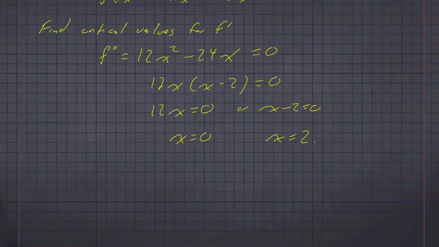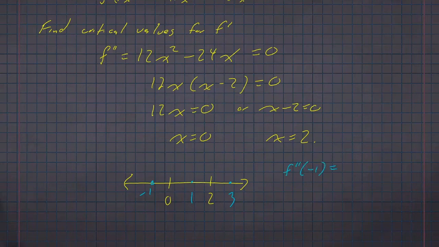All right. Now, just like we did with the first derivative, trying to find the extrema of the function, trying to find the extrema of the derivative, we're going to plot out these 2 points. We're going to test stuff between these points. f double prime at -1 is going to be 12 plus 24, which is 36.